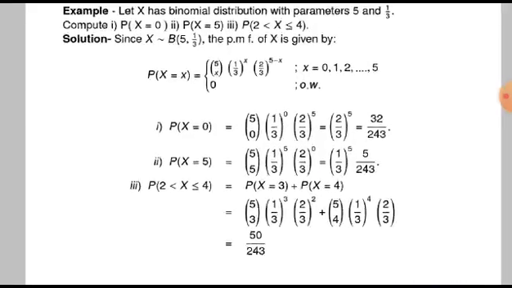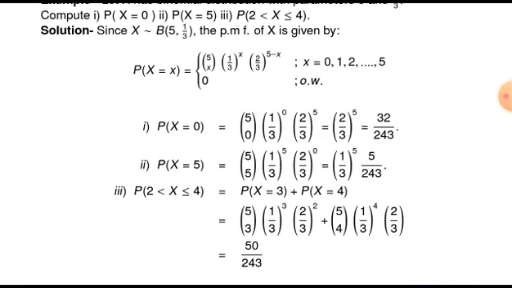First of all, we'll write the PMF. Since X follows 5, 1 divided by 3, the values of n and p are written. The PMF of X is given by, now in the PMF we have plugged the values of n and p and q also. Q is 1 minus p. So nCx means 5Cx. p raised to x means 1 divided by 3 raised to x.